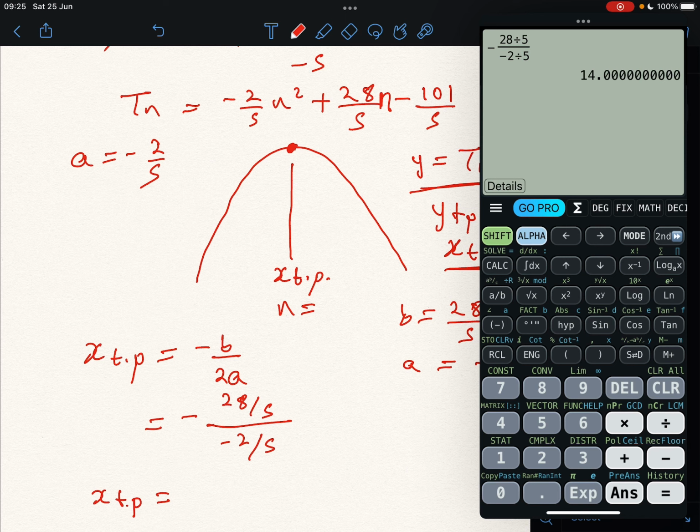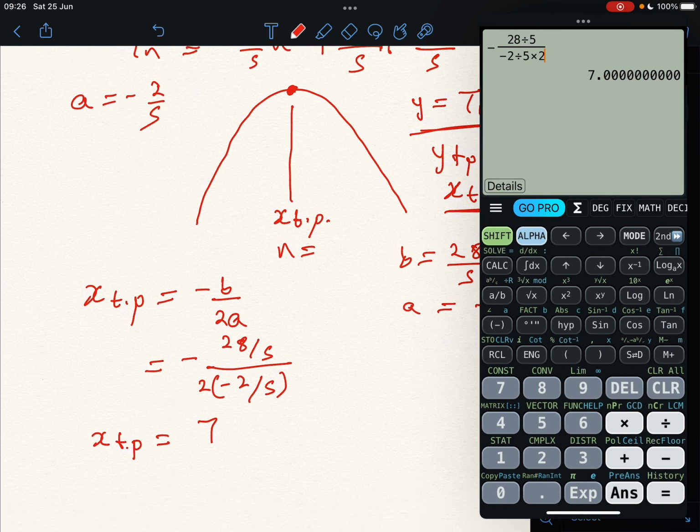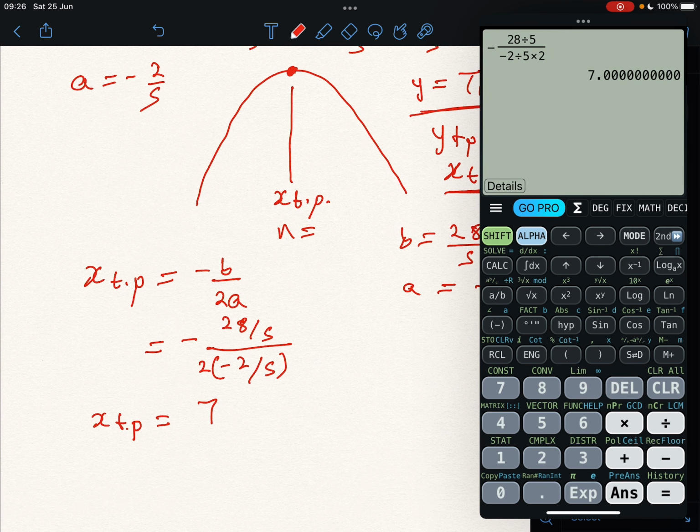Oh, my apologies, I forgot to multiply by 2. There's a 2 outside here. Multiply by 2, so we get a value of 7. This is the term number, so we find the maximum term value at the 7th term.